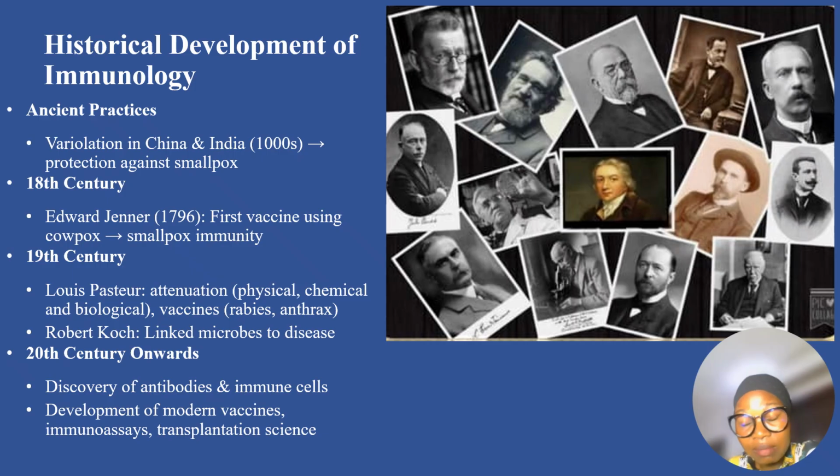Although the boy later developed mild sickness, when the boy was exposed to smallpox, he did not get sick. So this was the first scientific demonstration of a vaccine, and it changed medicine forever.